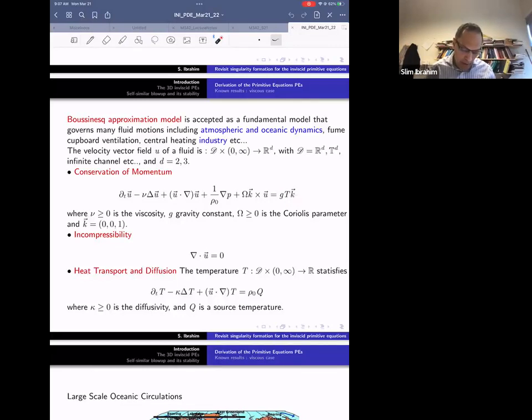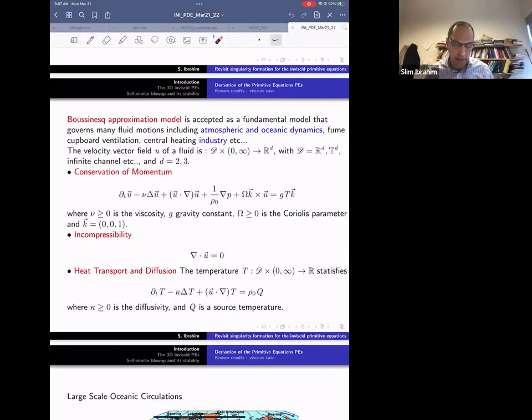So it's coupled with the temperature T, and the fluid is assumed to be incompressible. And this temperature may involve some diffusivity constant kappa. Okay, so this is the full set of Boussinesq equations.